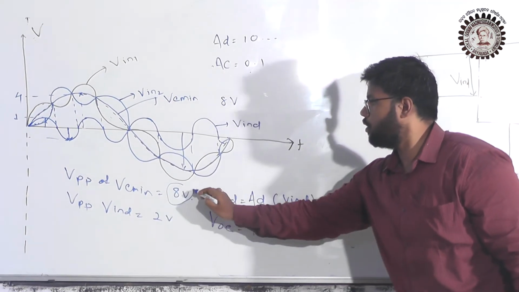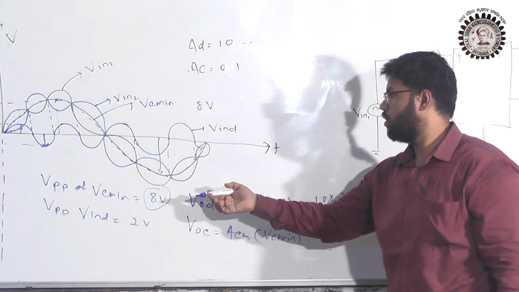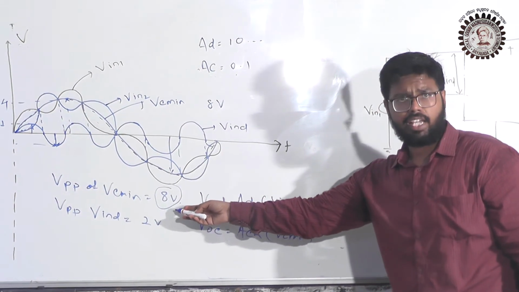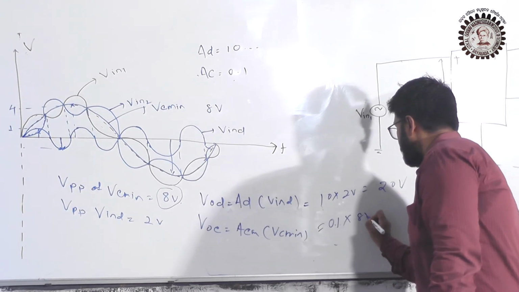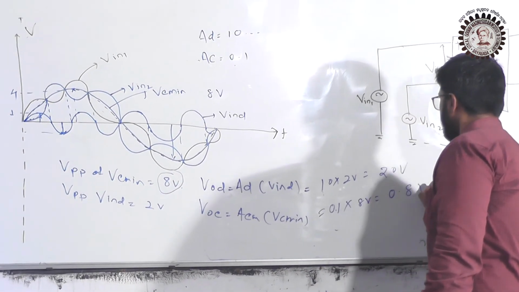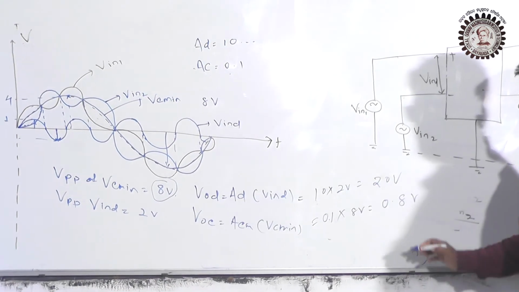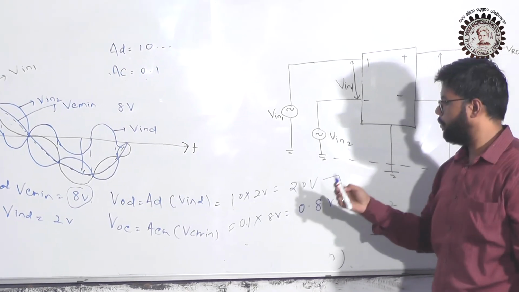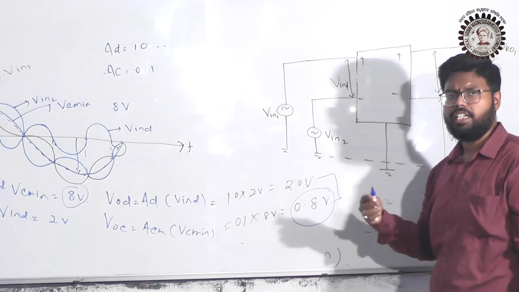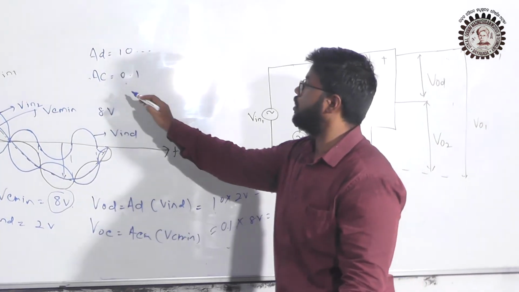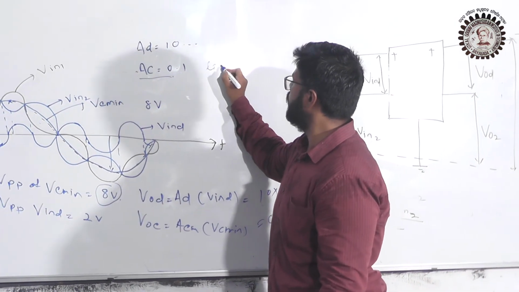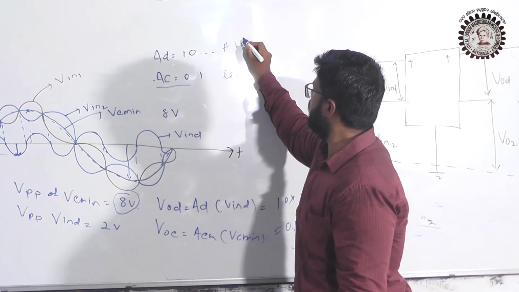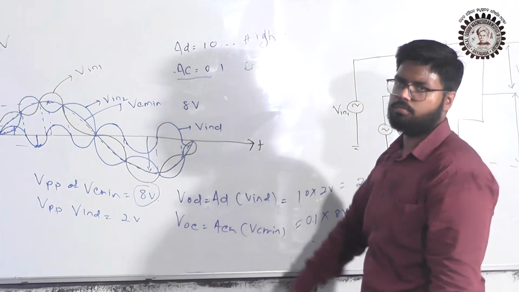No doubt our common mode input is very high, 8 volt, but at the output we get a very negligible voltage. So on the output side we are mitigating the noise by making our common mode gain very low and our differential gain high.